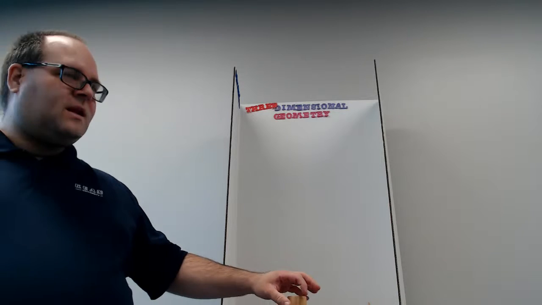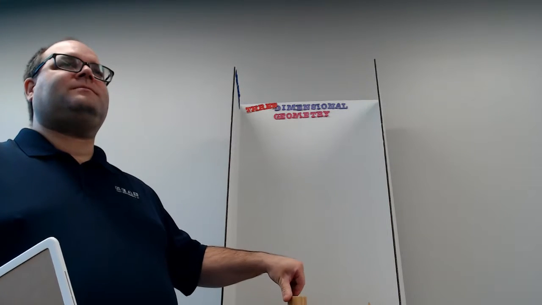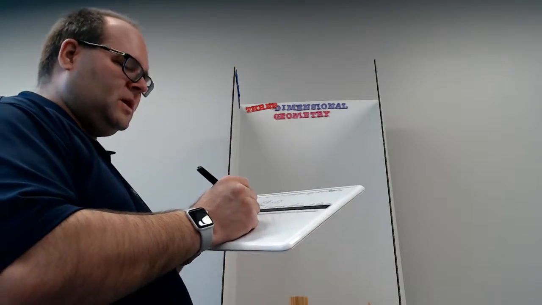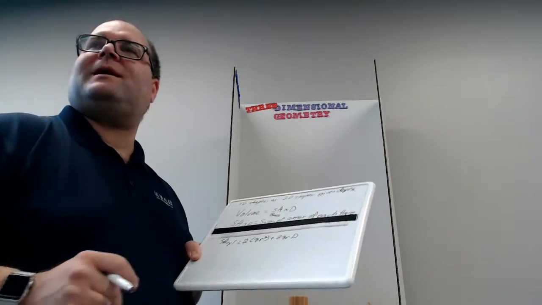That is dictated by the length around, which is going to be our circumference. So 2 pi times r times the depth.